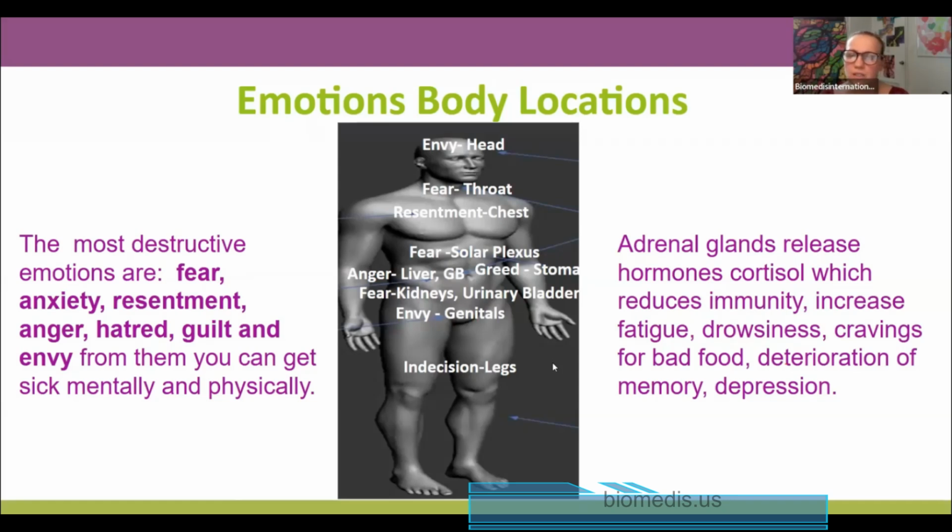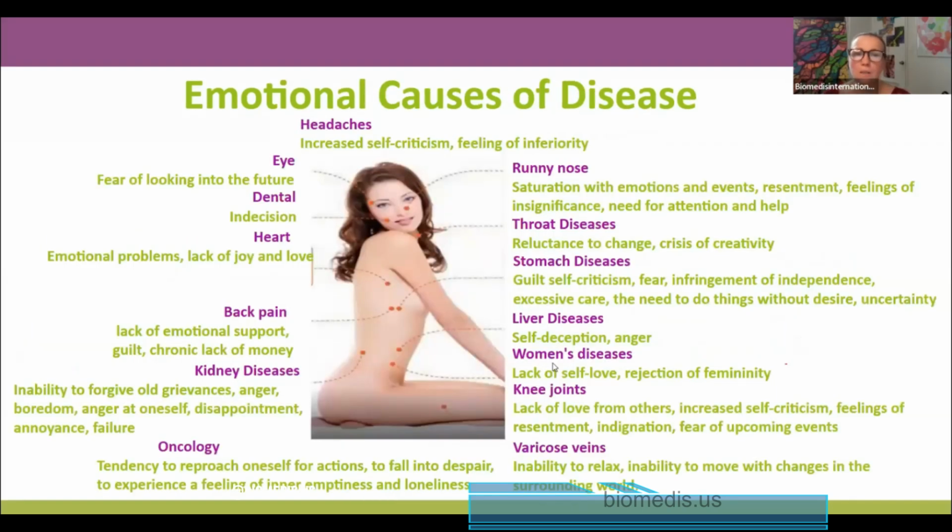Greed affects the stomach, spleen, and pancreas. Fear affects the kidneys and urinary bladder. Envy can also affect the head and genitals, and indecision, not knowing what to do, affects the legs. And emotions cause all kinds of diseases.